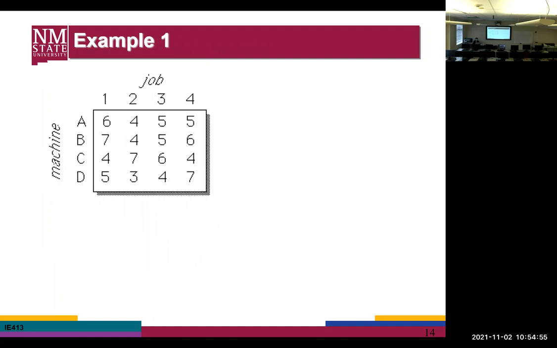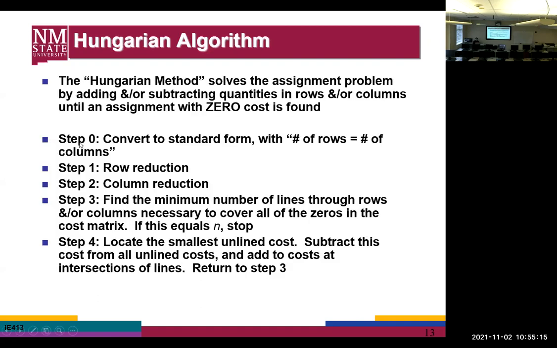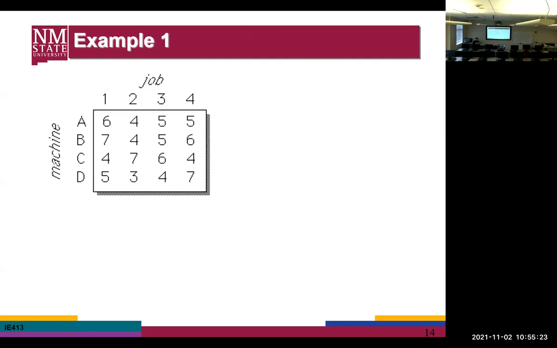Actually, I will modify this original example just a little bit, changing the numbers here and there. So let's find the least cost assignment for this cost matrix using the Hungarian algorithm. The first step, or call it step number 0, is to standardize the given cost matrix.